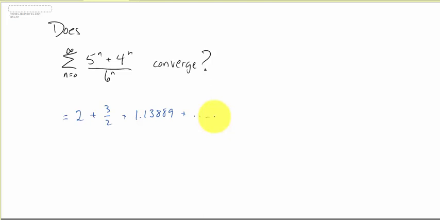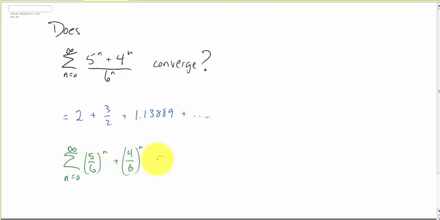We can think of this in a slightly different light. What if we split this into 2 separate fractions? Isn't that the same thing? And the rules for summations are actually identical to the rules for limits. So we can split this into 2 separate sums.